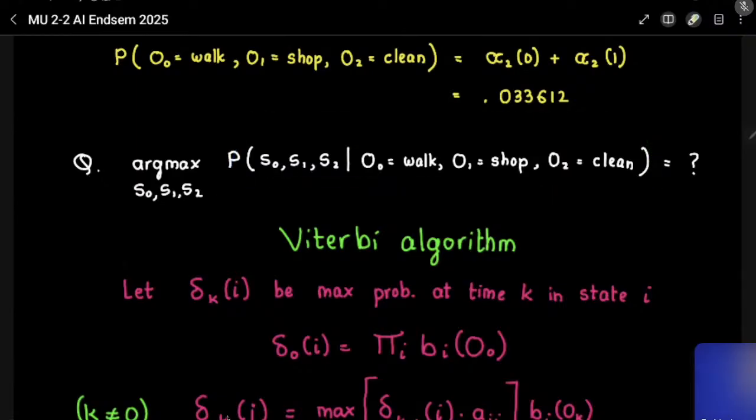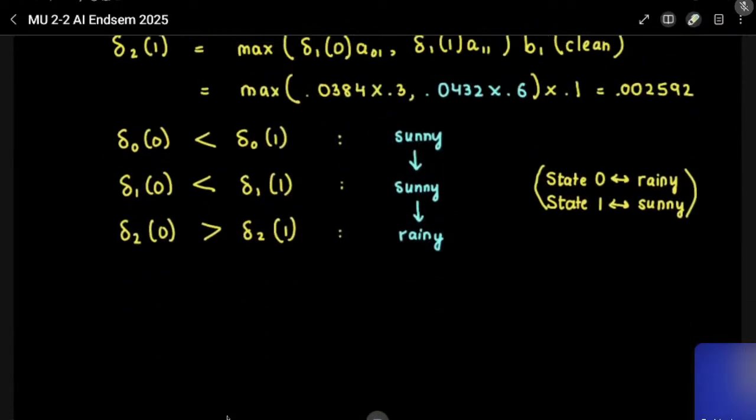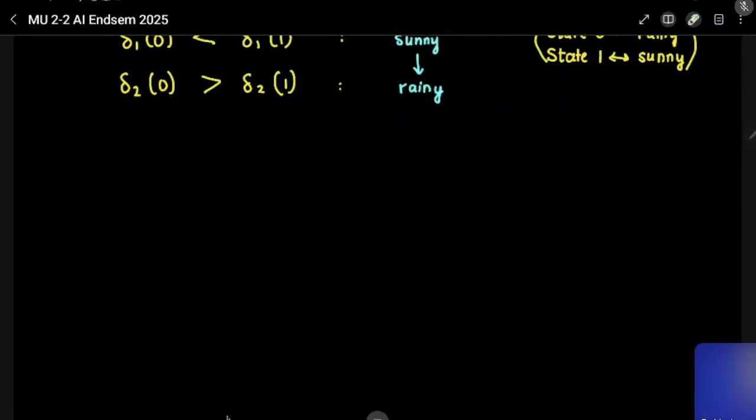Any other sequence of hidden states could also have given rise to this sequence of observations, but the maximum is given by this sequence of hidden states. So that is the end of HMM.